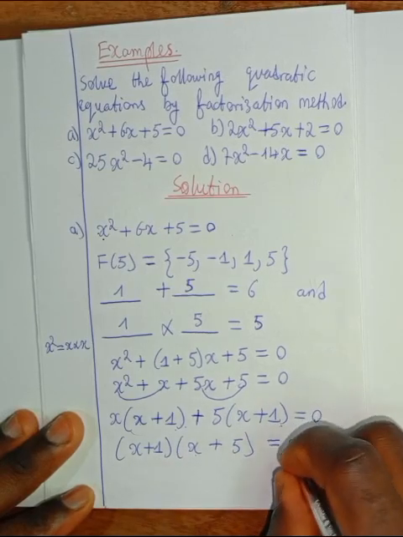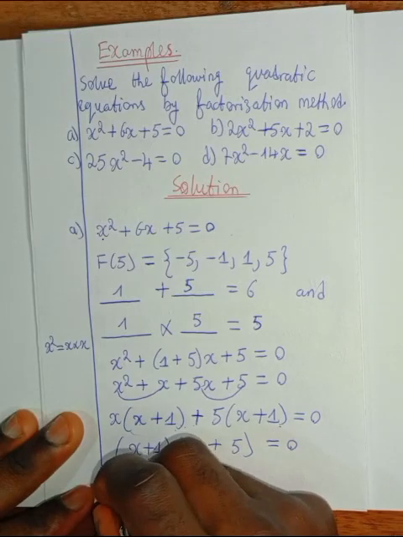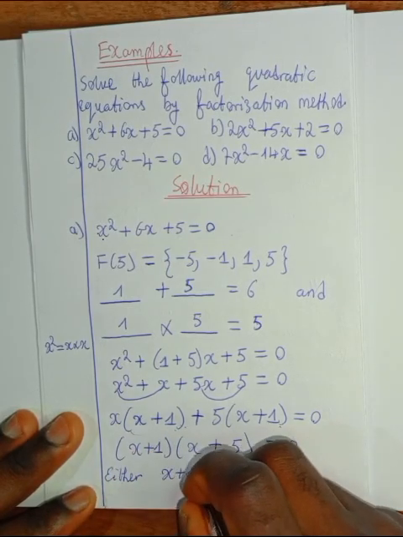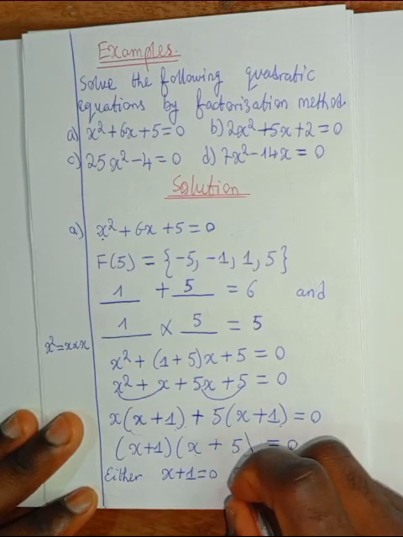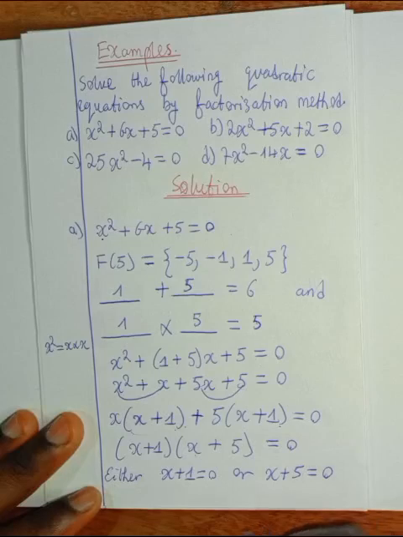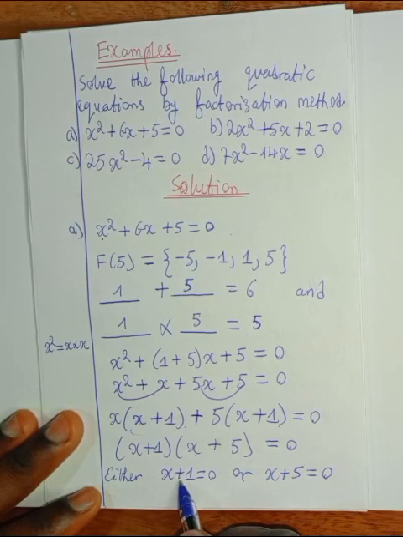We equate it to 0. At this level now, you're going to see either x plus 1 is equal to 0 or x plus 5 is equal to 0. We make use of or because x cannot take two values at the same time.